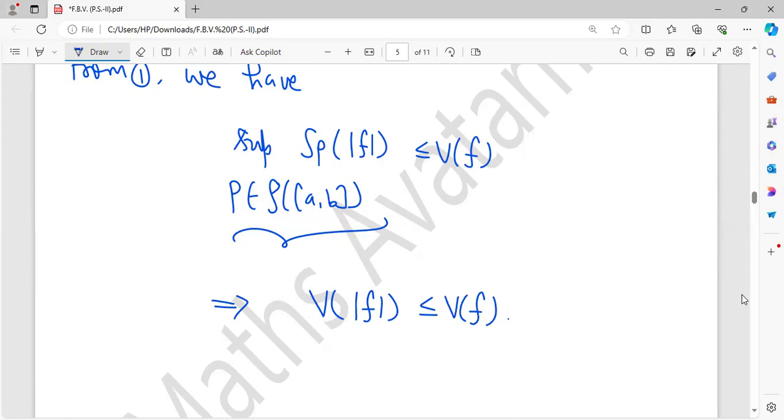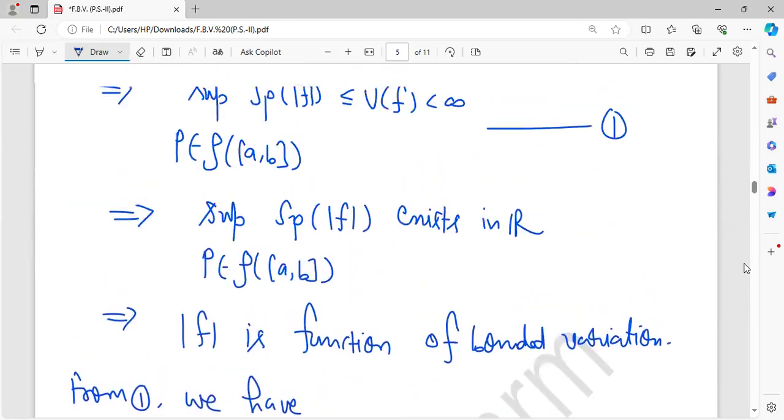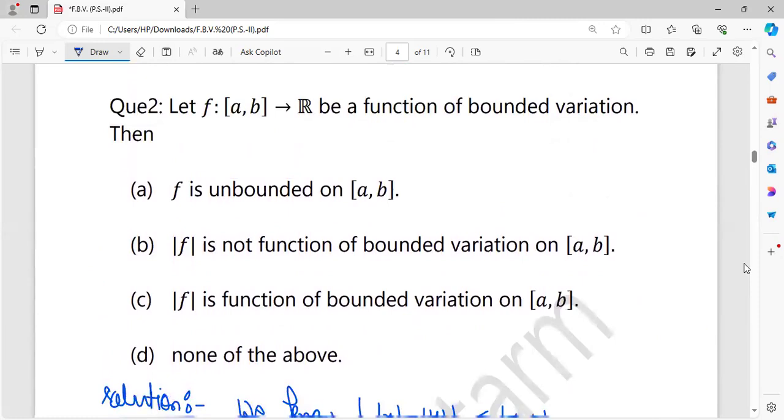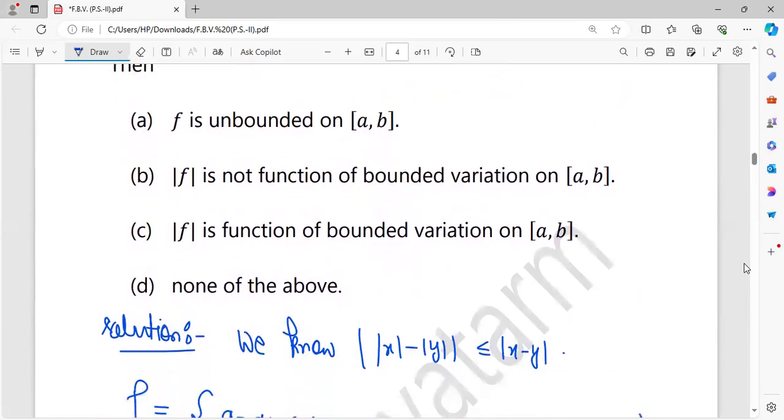So mod f is a function of bounded variation and the variation of mod f is less than or equal to the variation of f. So which option is correct? Option number C is correct.